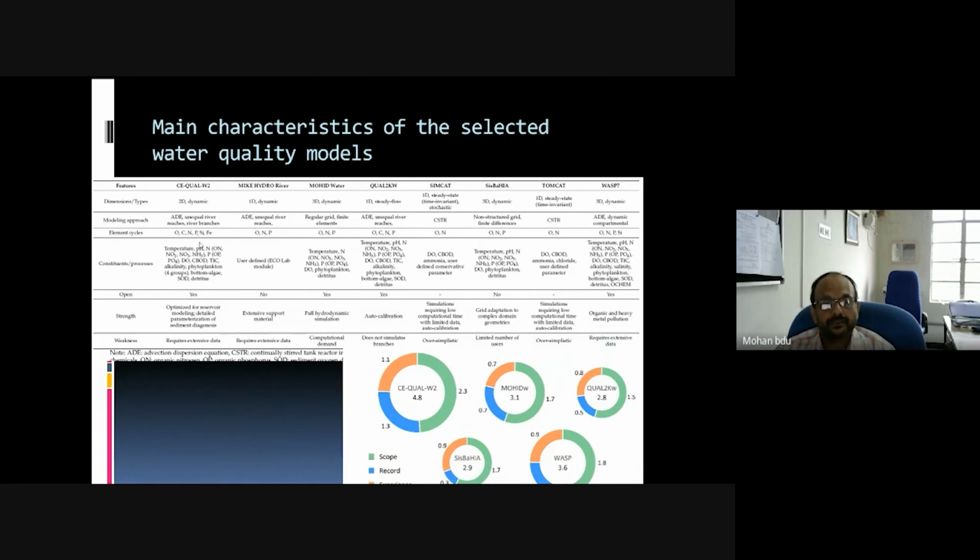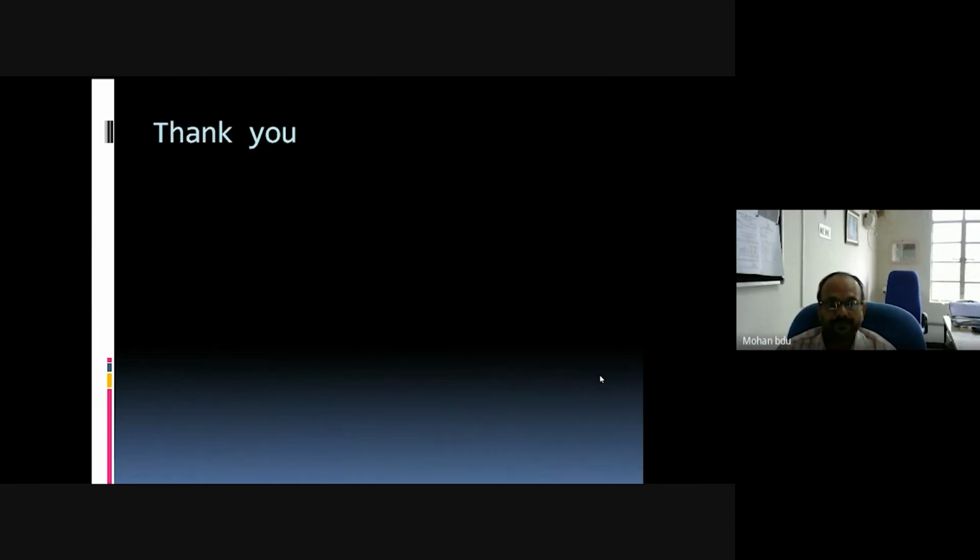And you can see the element cycles of oxygen, carbon, nitrogen, phosphorus, and iron, and the processes like temperature, pH, dissolved oxygen, phytoplankton. So if we are interested in all these parameters, then CE-QUAL-W2 is the best suited model for the analysis.